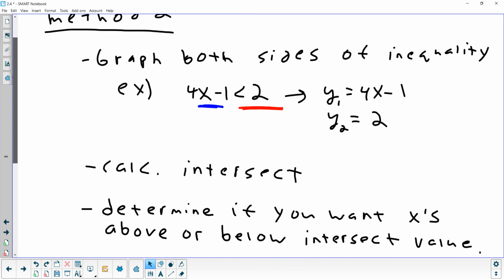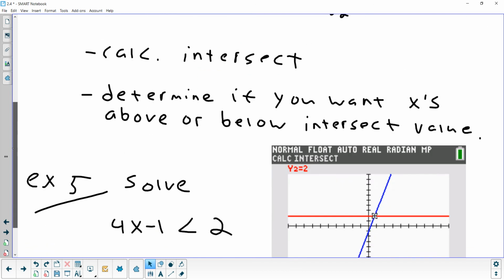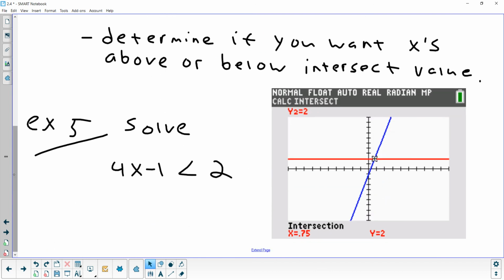I want to know where the blue is less than the red. So where is the blue graph under the red graph? Would that be x values below 0.75 or above 0.75?